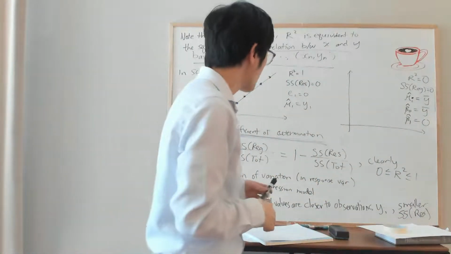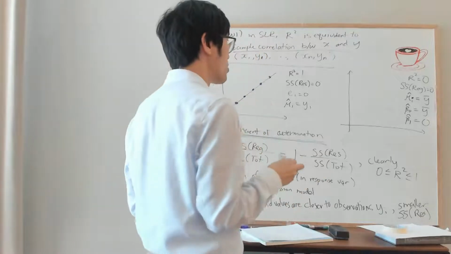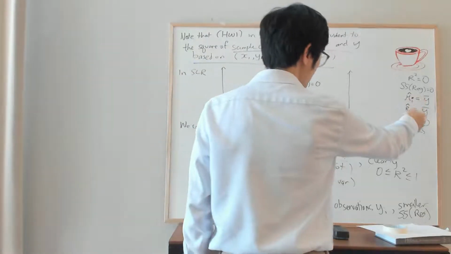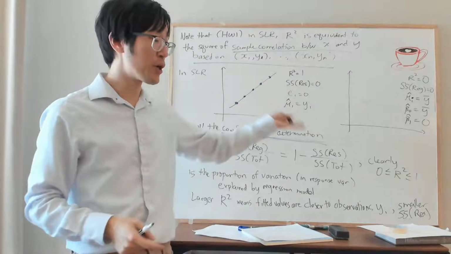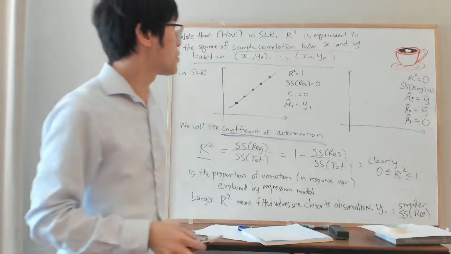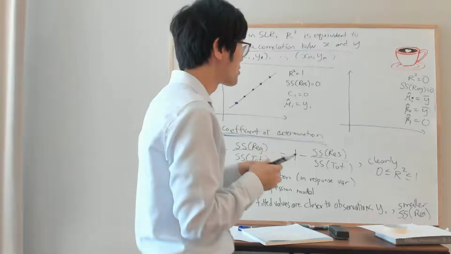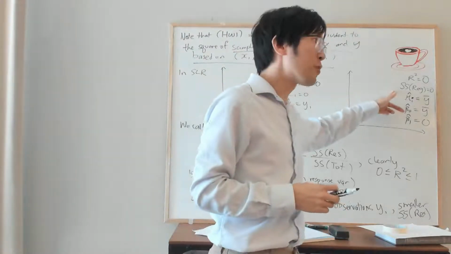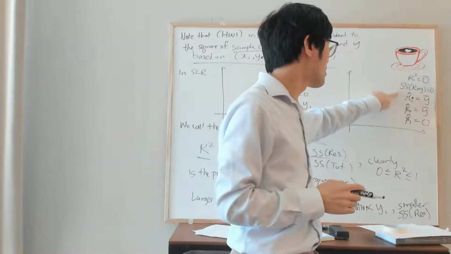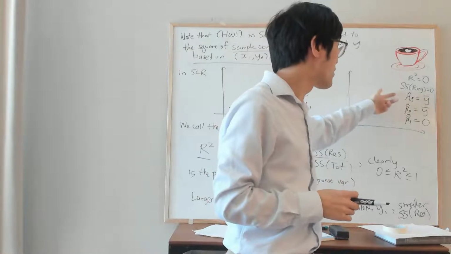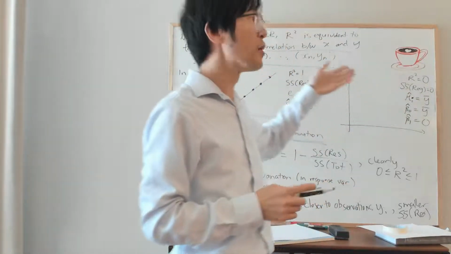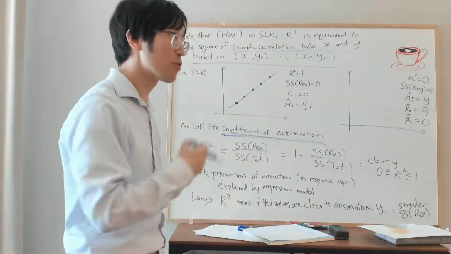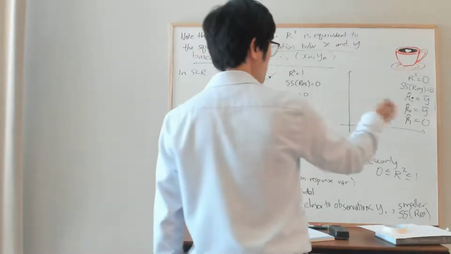What is that going to look like in terms of a picture? Our regression line is simply the horizontal line. This comes back to the first picture I drew, where I said if you don't do any regression, and you don't fit a slope, so you set the slope to 0, then the equation of the regression line is simply the horizontal line y bar.